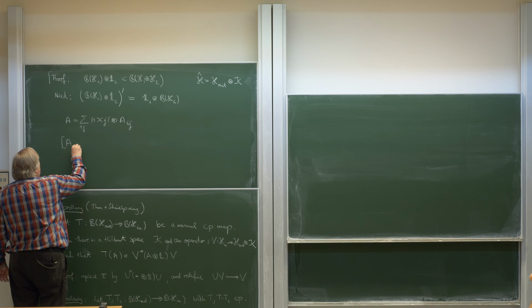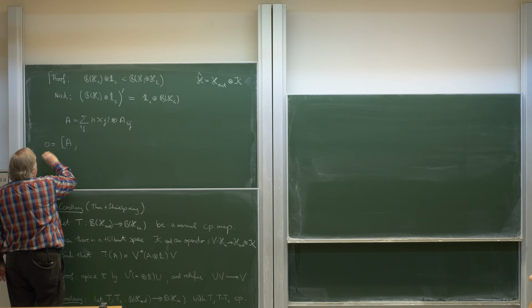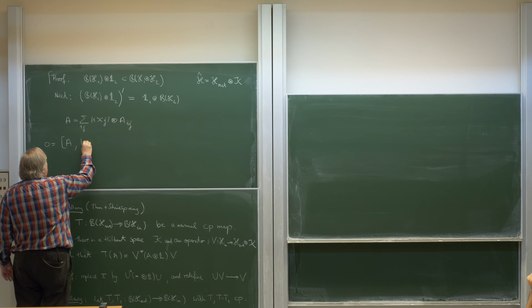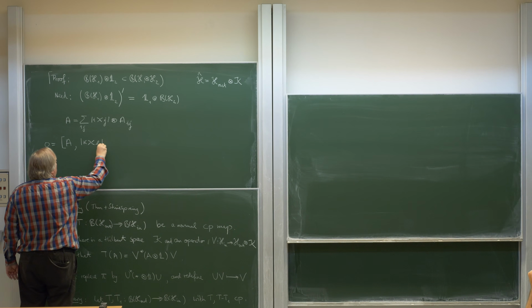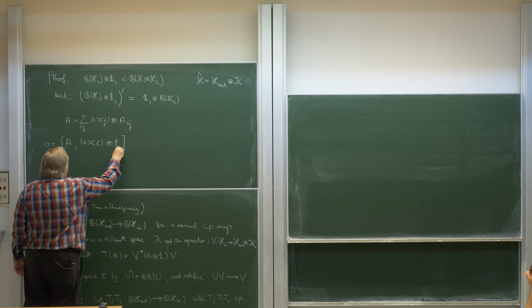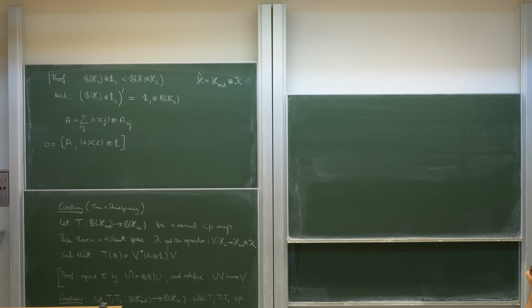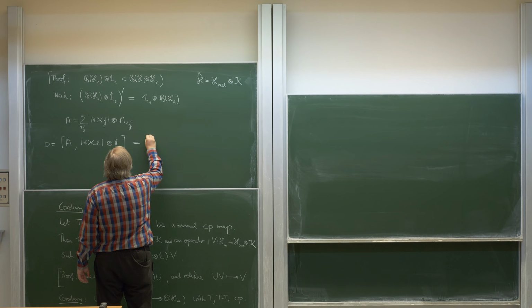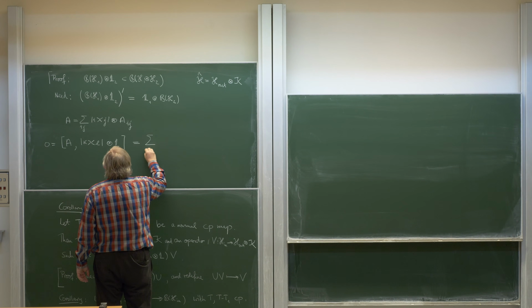So we look at the commutator, which we know is 0, of any KL, that's the identity. So this will be the sum over i and j.